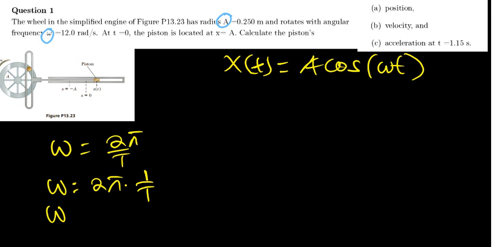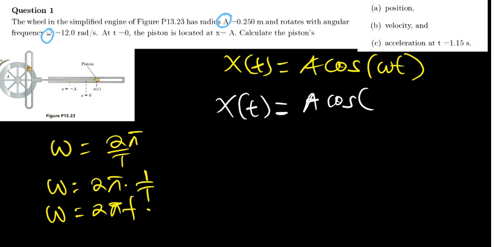So sometimes you're going to see this formula as x as a function of t equals A cos 2 pi f times t. This is just the same thing, because this part here is basically the angular frequency. You get my point?